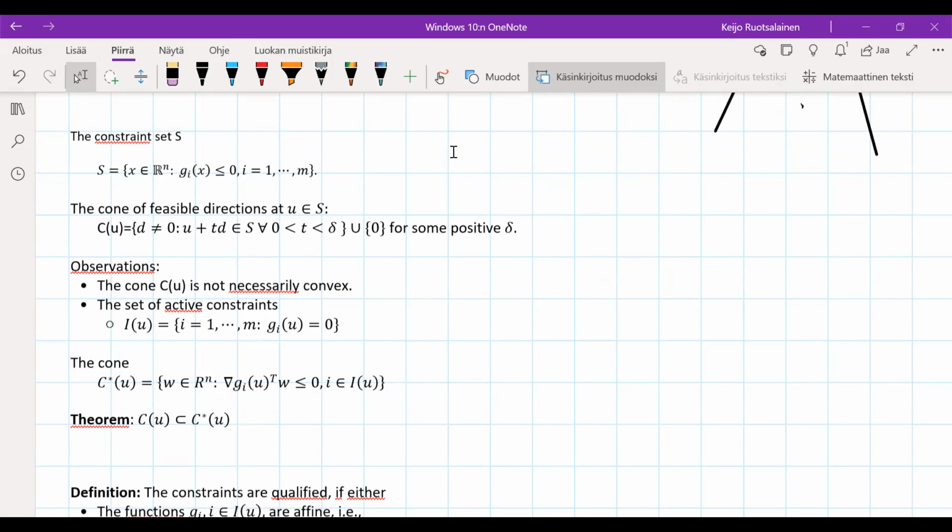So for example, let's draw, we use red one for the constraint set. If I have it like this, and I have here the point U, here is U plus t times d.